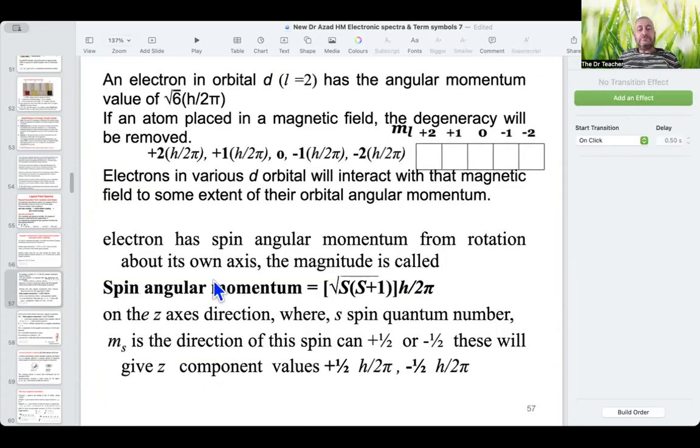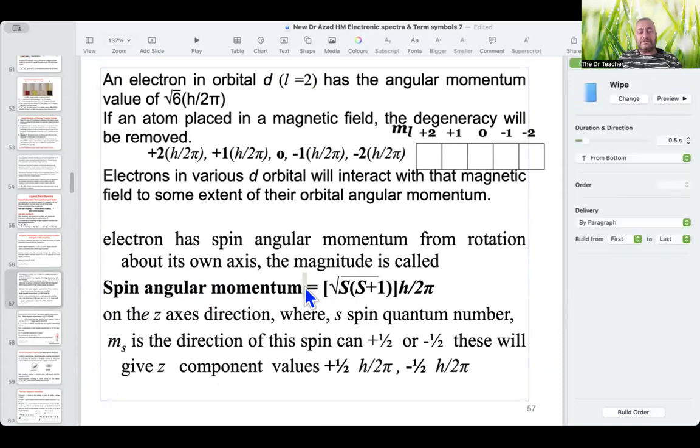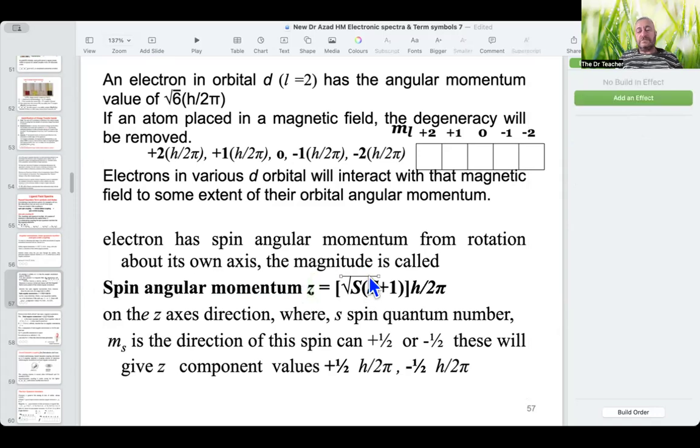So spin angular momentum is Z here as well. You can count it, and it will be like this. Under the square root is S times S plus 1 times h over 2 pi.